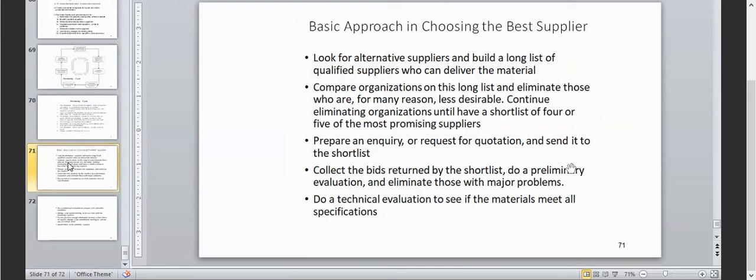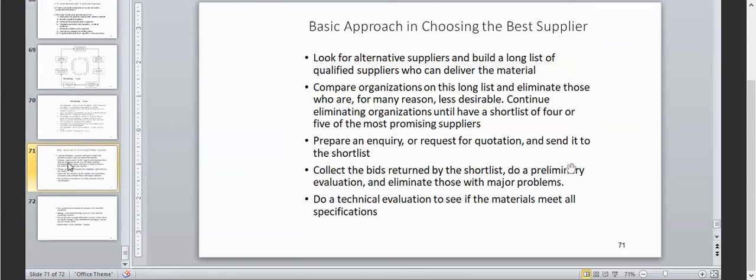So the first step is to find the alternative suppliers and build the list of qualified suppliers who can deliver the material that we need, and then compare this list and start to eliminate suppliers with reasons based on the organization policy.